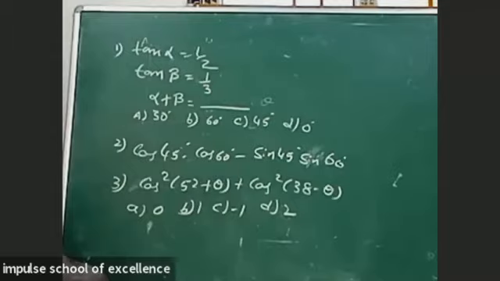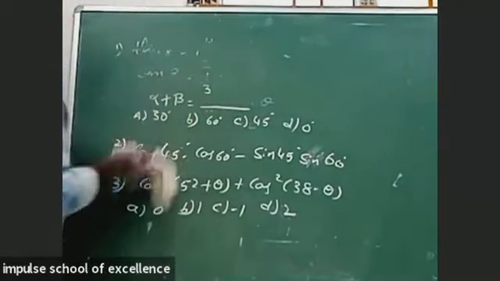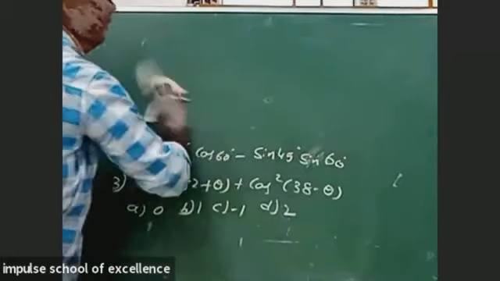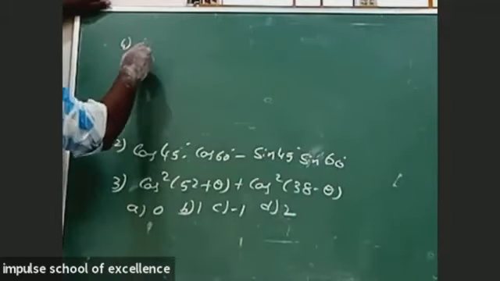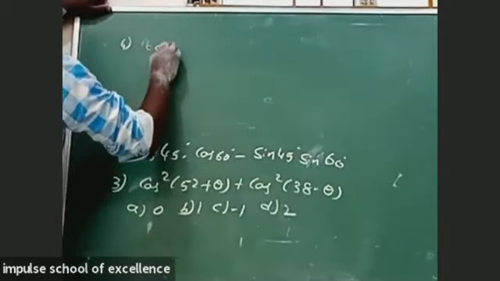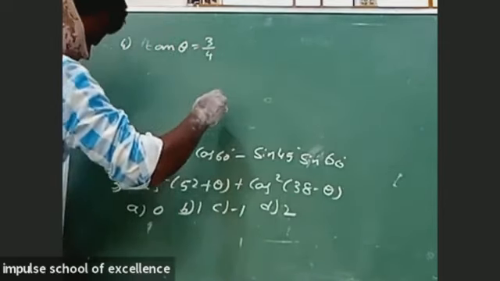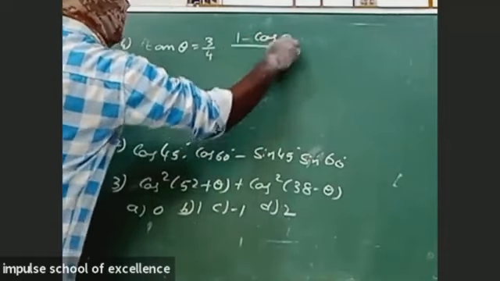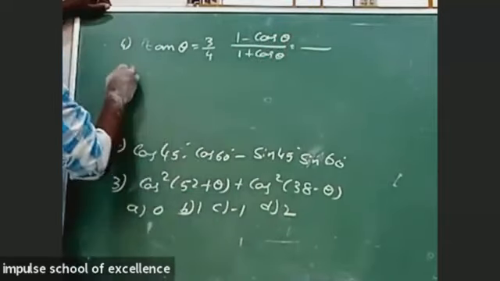Next, one more. Right, fourth one. Tan theta is equal to 3 by 4. Then 1 minus cos theta by 1 plus cos theta is equal to dash.